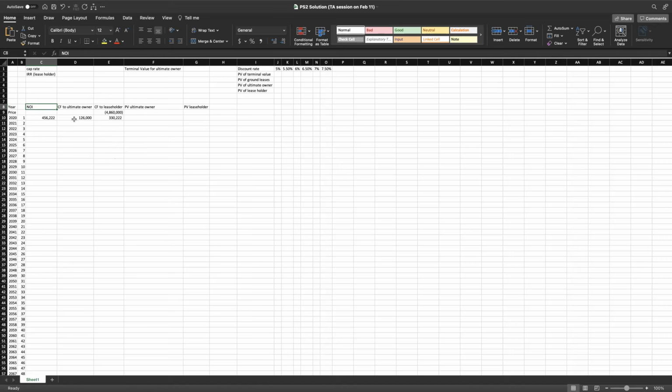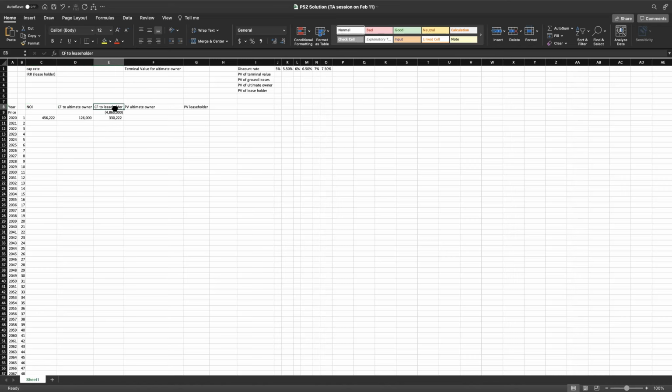A second thing that is not explicitly listed in the problem set, but you should have known, is the fact that there are actually 2 roles in this problem set, or 2 people. The brochure lists an offer price, like a sale price, and a bunch of cash flows in the future.